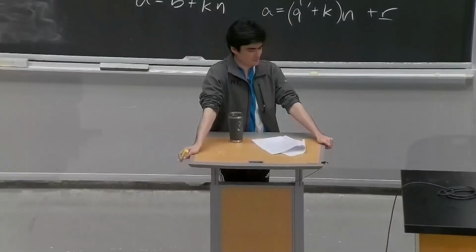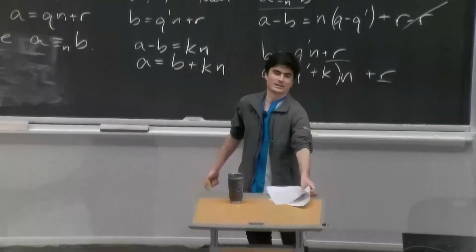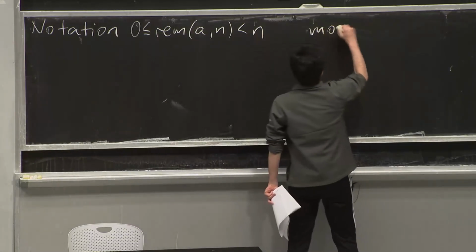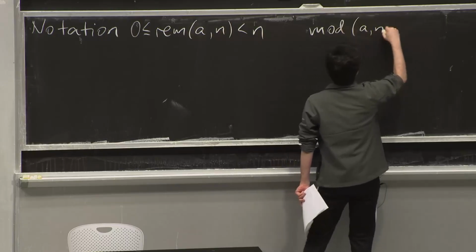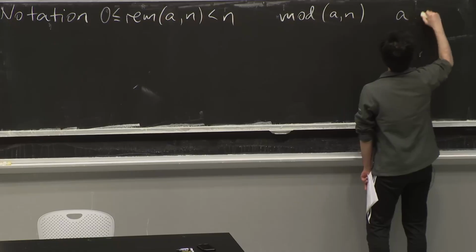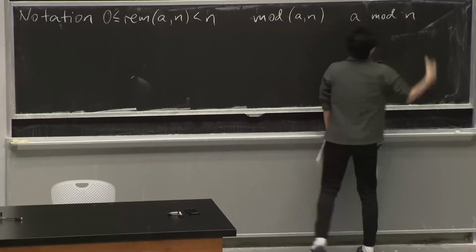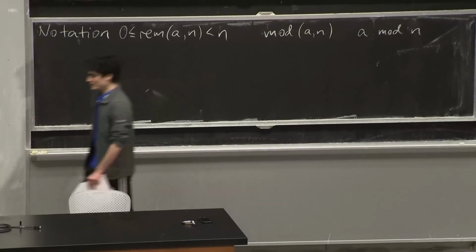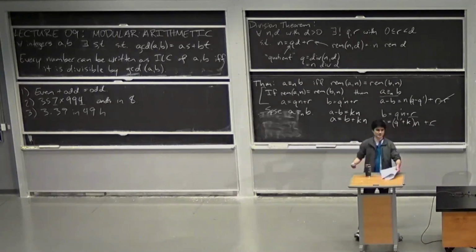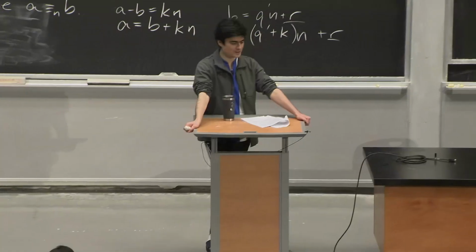And perhaps even more confusing, sometimes this would be written as mod of a comma n, or even worse, in infix notation, a mod n. Okay? So this is why we don't like to use the word mod when talking about modular congruences.